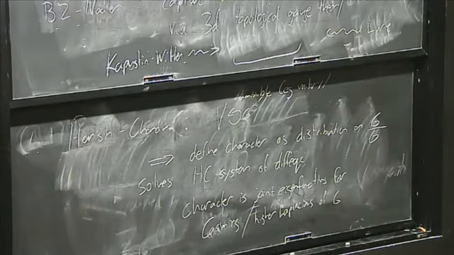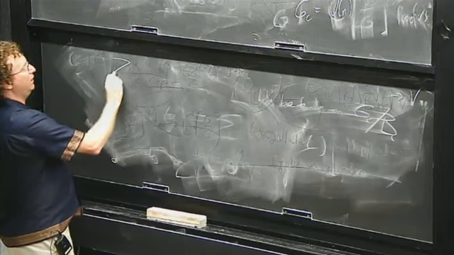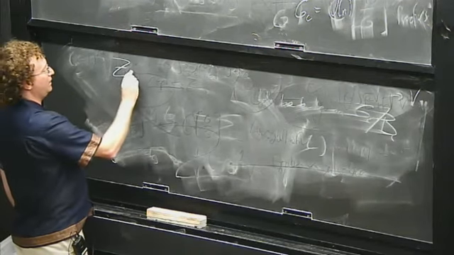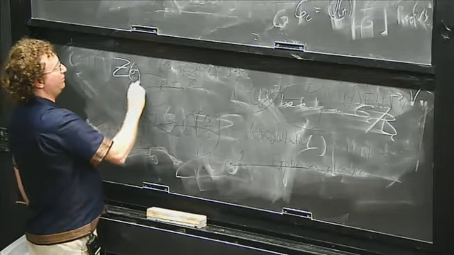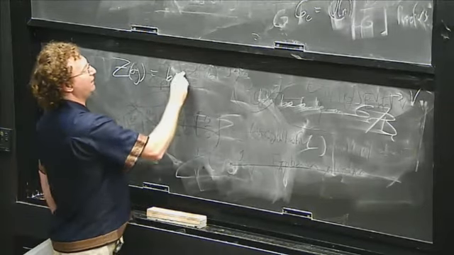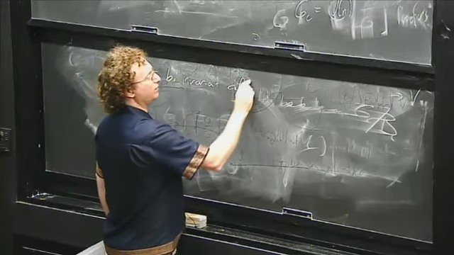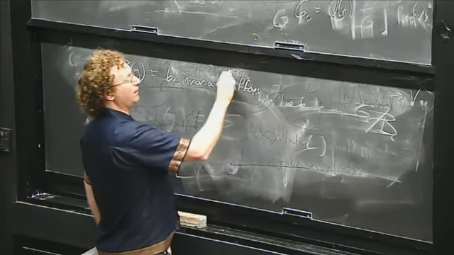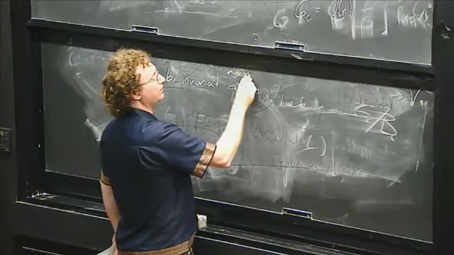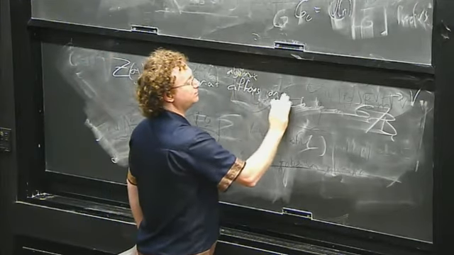Let me say just a little bit more about that. There's an algebra, which is a commutative algebra, ZG, of bi-invariant differential operators. These are algebraic differential operators on the group.